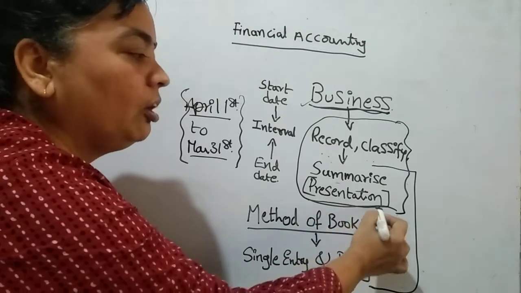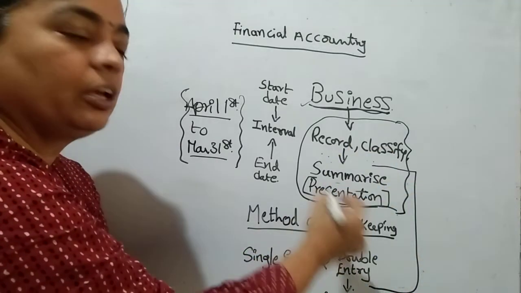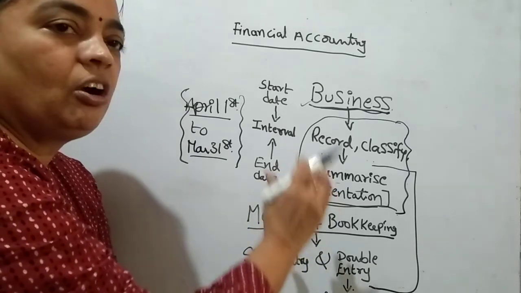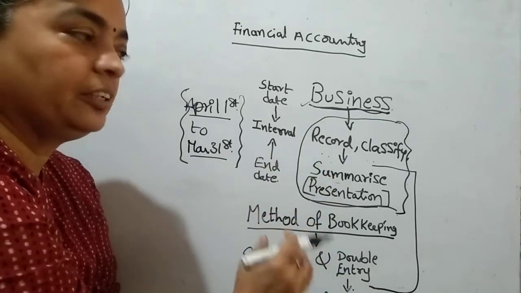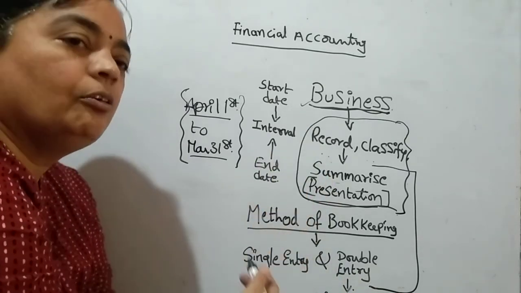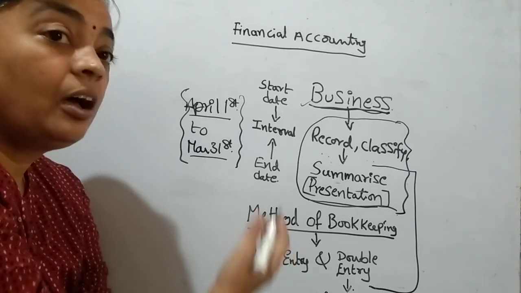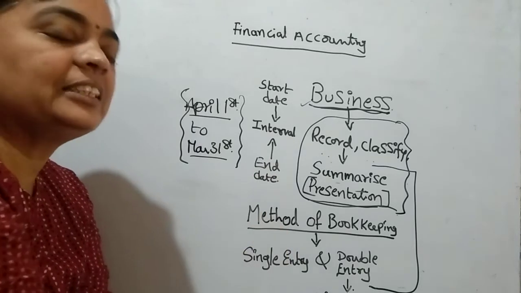Finally, we record everything, and we said that through the bookkeeping method we record and classify in a good manner. Finally, we have to present the total summary of the transactions.